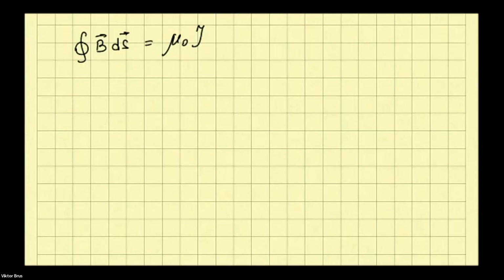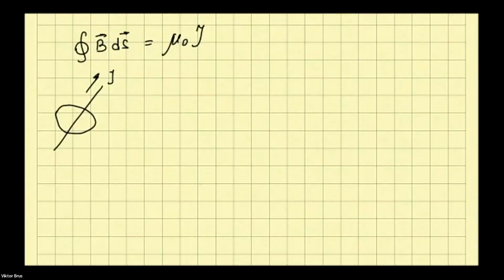So in general, if we have some conductor and there is some electric current I flowing through the conductor, so if we consider some closed path and take this integral along the closed path, its value should be equal to the product of the magnetic permeability of free space times the electric current, which flows through the surface determined by this closed path.